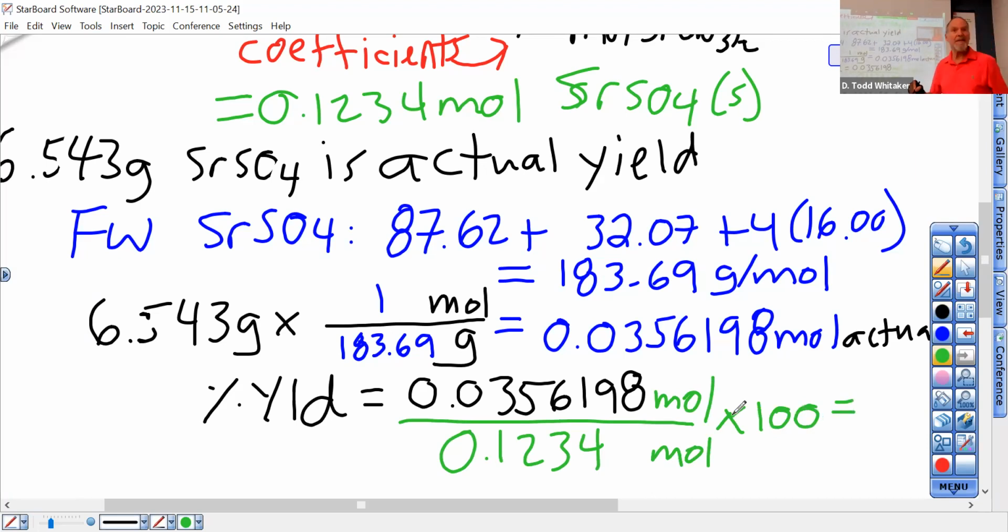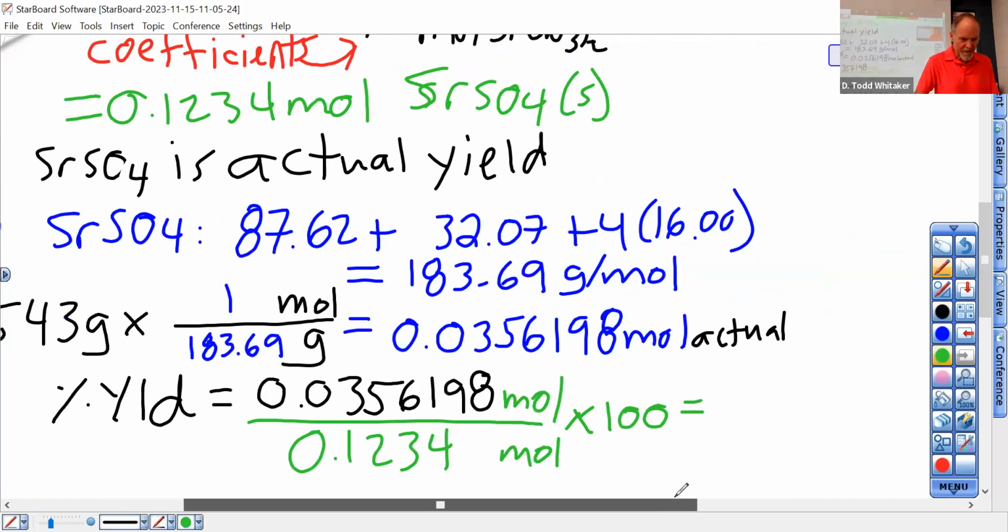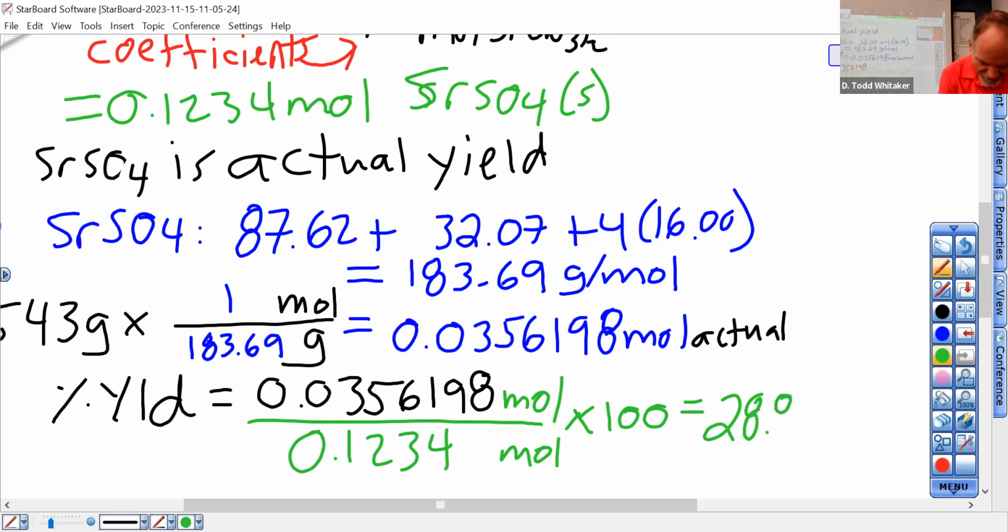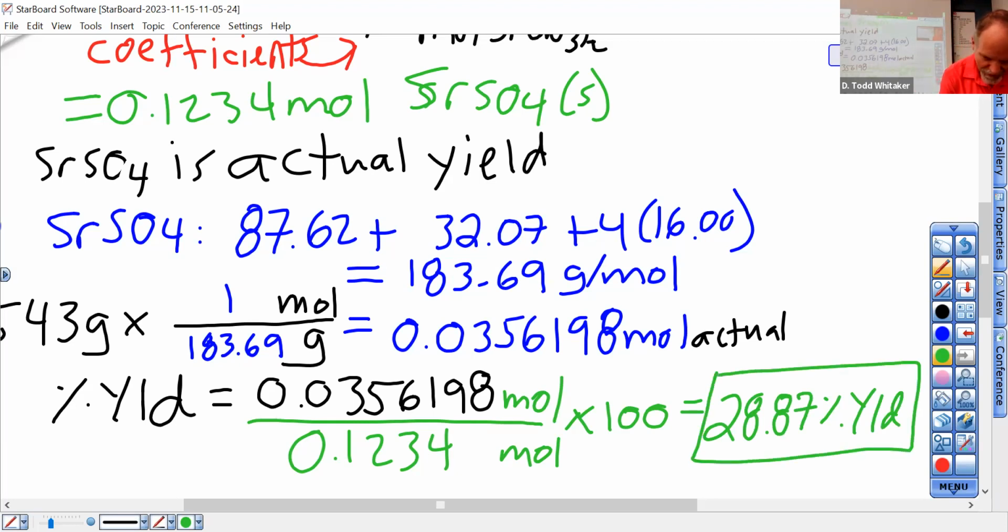Percents don't have units. And this looks like 25%, a little higher, maybe 30%. So 28.65% if you multiply by 100. 87% yield. That's better than I thought. I said it might be a ridiculously low one. It is kind of low, but there you go.